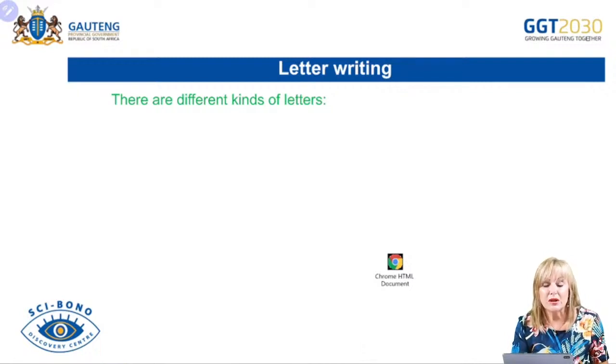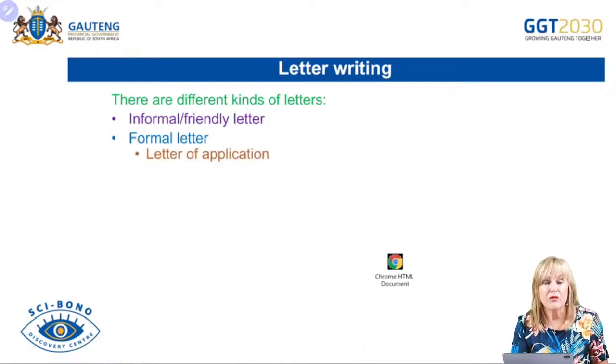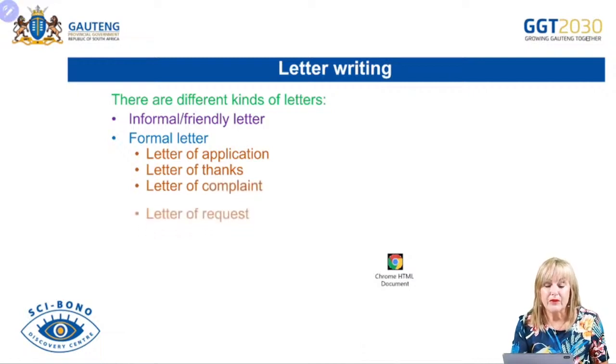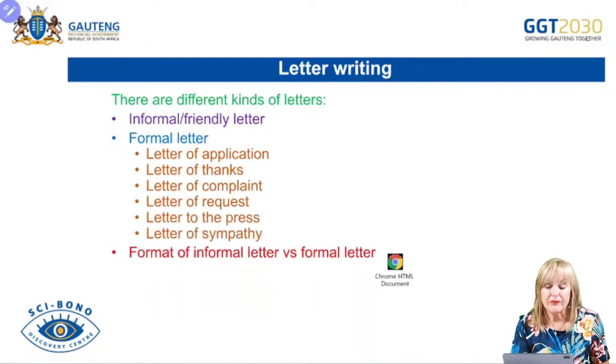Make sure that you study the format of the different letters. So you get an informal or a friendly letter, and then you get a formal letter. Now, a formal letter can be a letter of application, letter of thanks, a letter of complaint, a letter of request, letter to the press, letter of sympathy.